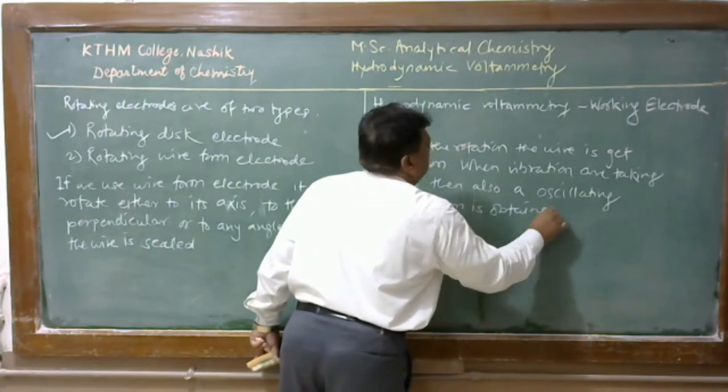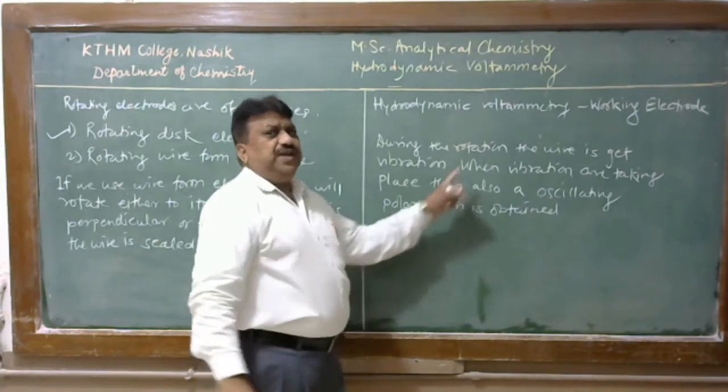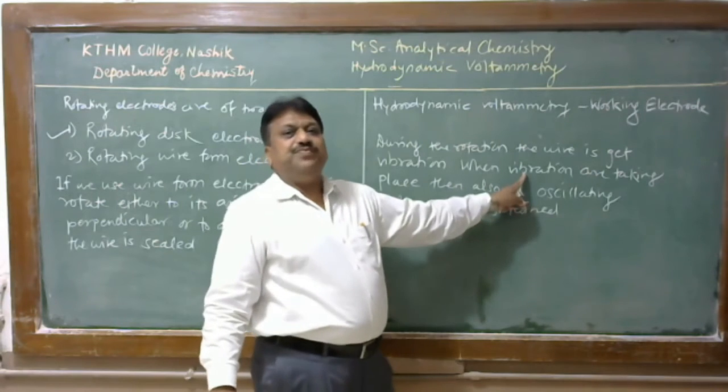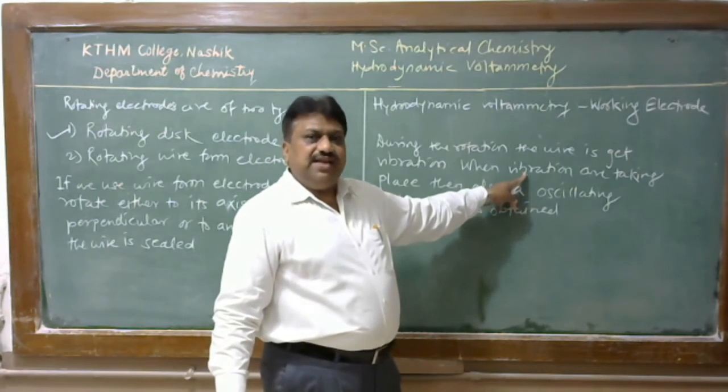Therefore, the oscillation in the current voltage curve is related with the vibration of the wire which is sealed in a rotating electrode.